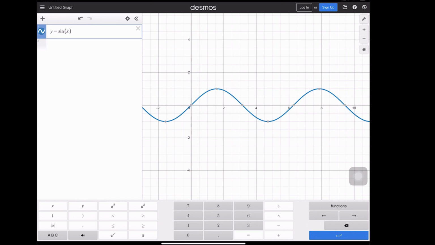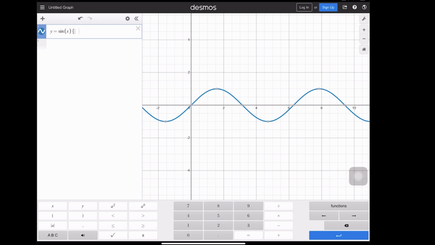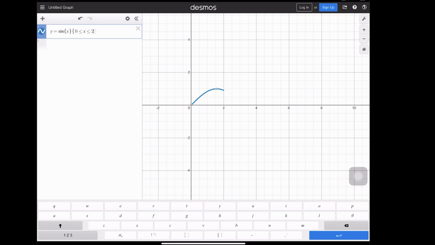What we're going to do to fix this is, if I recall, you can do the following. Parentheses, 0 less than or equal to x less than or equal to 2 pi.